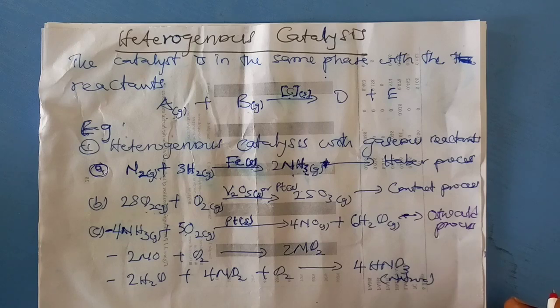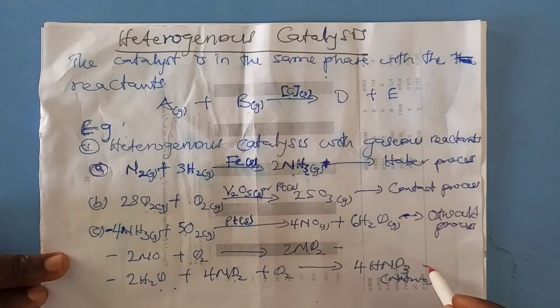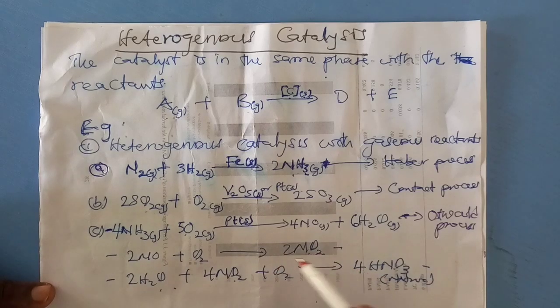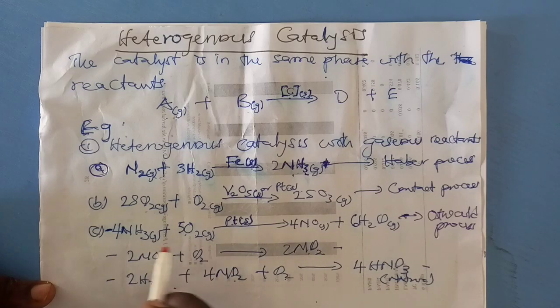Further oxidation of nitrogen oxide will give you nitrogen dioxide, and further oxidation of this product will give you nitric acid. But we are not interested in the second and third steps. We are interested in the step that initiates the reaction, which is the key step. In this step you can see that the catalyst is in solid phase while the reactants are in gaseous phase. So this is heterogeneous catalysis.